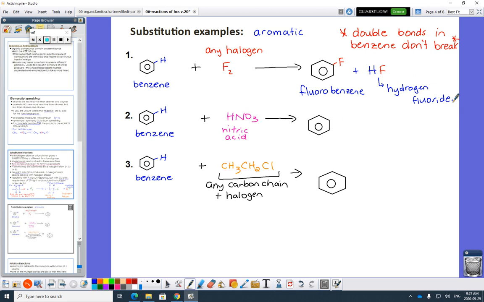So when you have nitric acid, you have to remember one of the functional groups that could be on the chain. There was a slide yesterday that talked about chloro, fluoro, bromo, and then nitro. So when you see nitric acid, it's going to put the nitro group onto the benzene, okay?